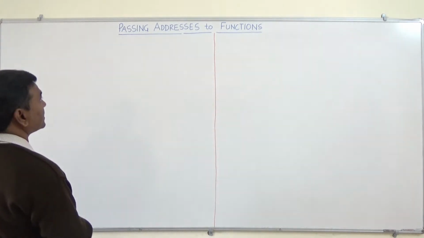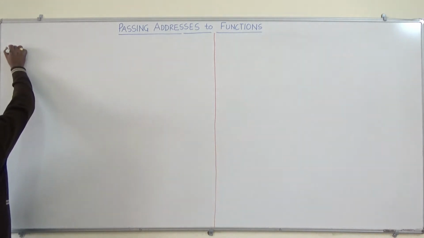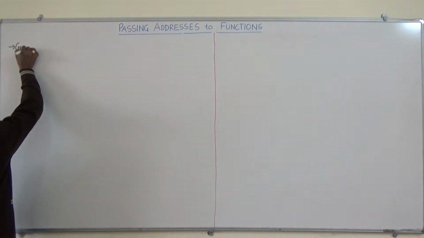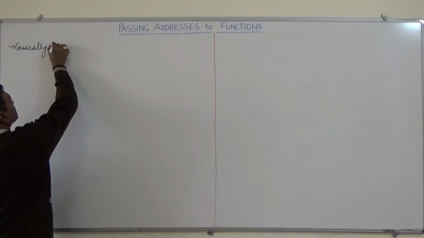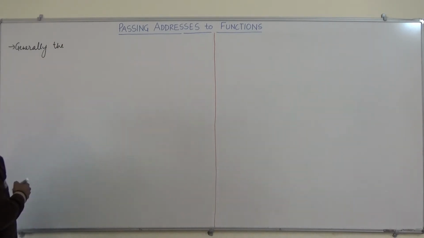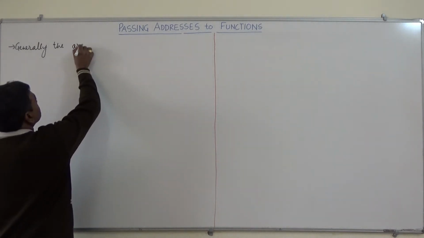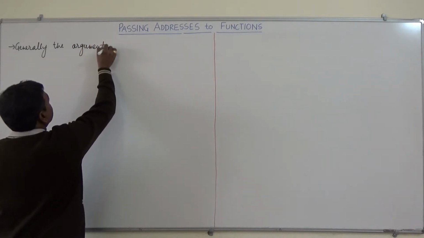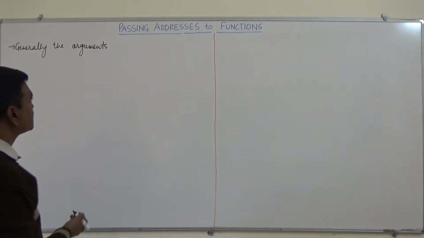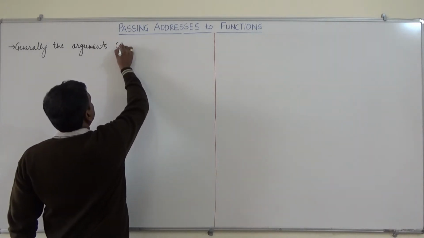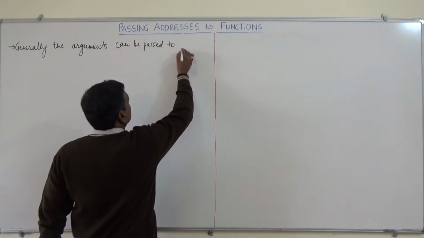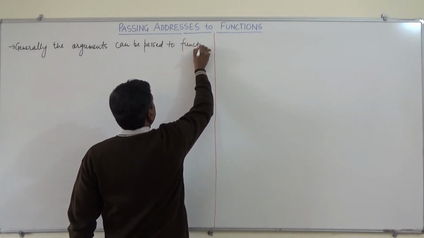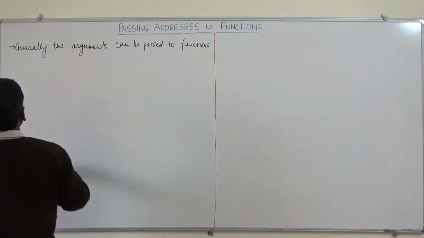So generally, arguments can be passed to functions using two ways.